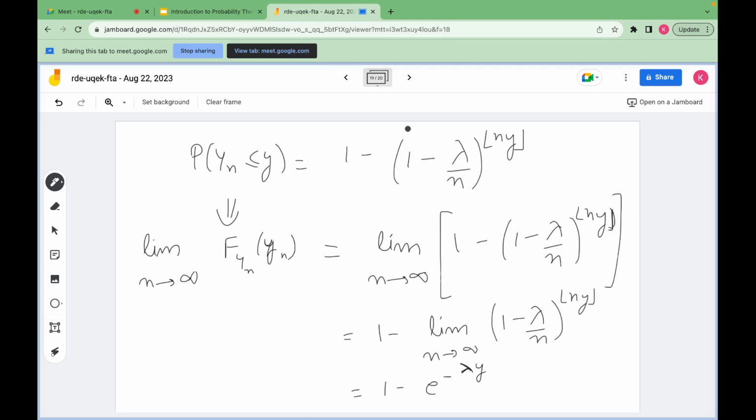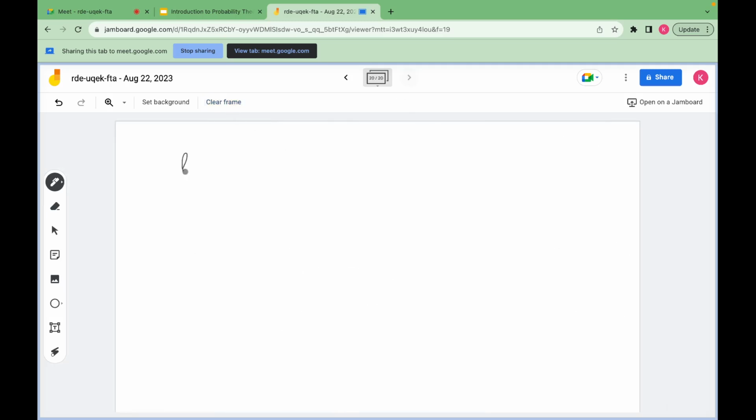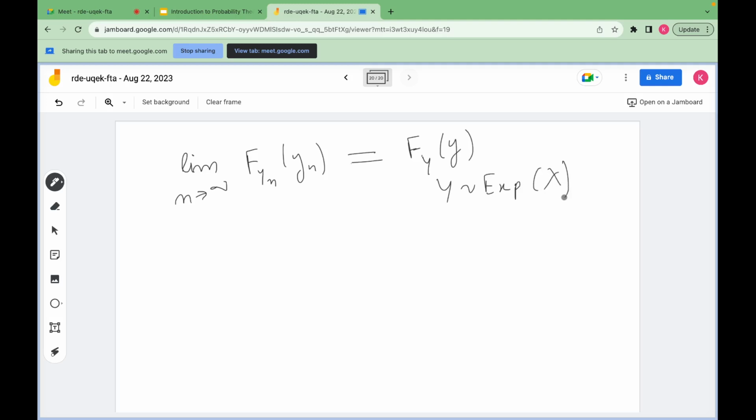So for the limit as n tends to infinity, FYn is equal to the distribution function of some Y, where this Y is an exponential distribution with parameter lambda.